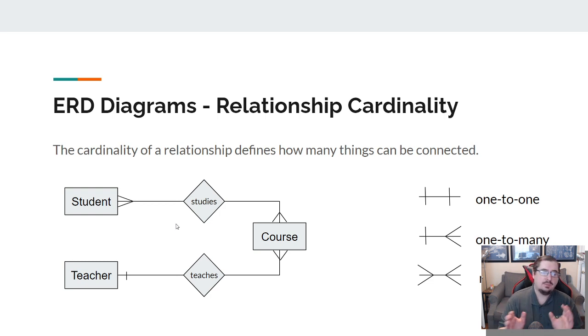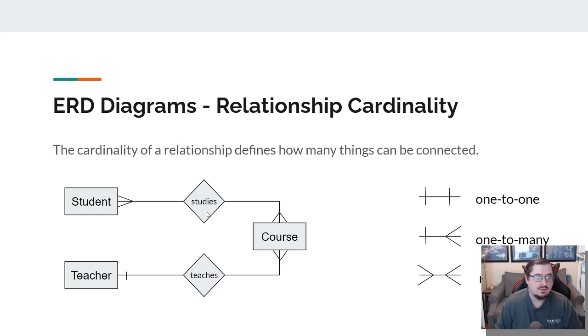We can figure out what kind of relationship it is by asking two questions. The first looks from left to right, and the other from right to left. If I look at students to courses, how many courses can a student be part of? Many. That's why I've got this crow's foot over here.